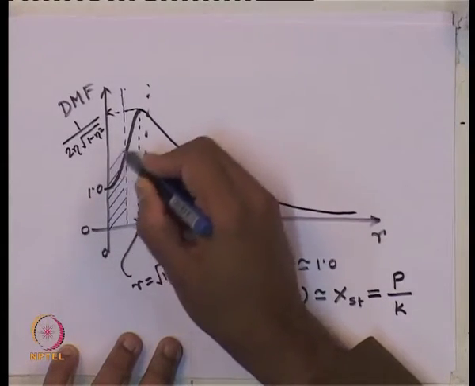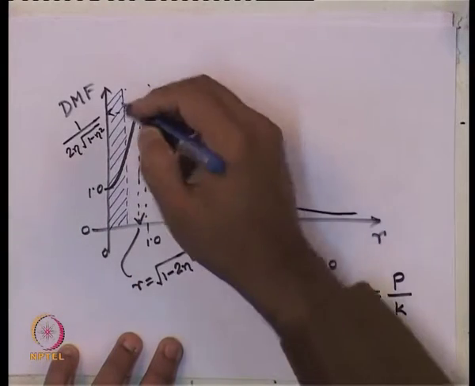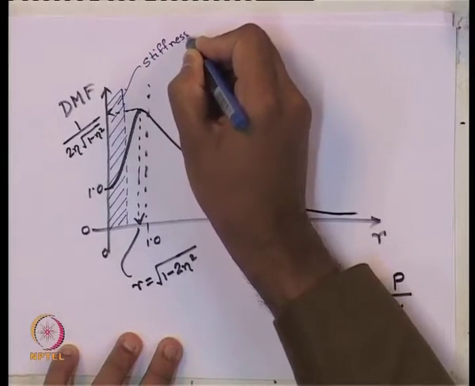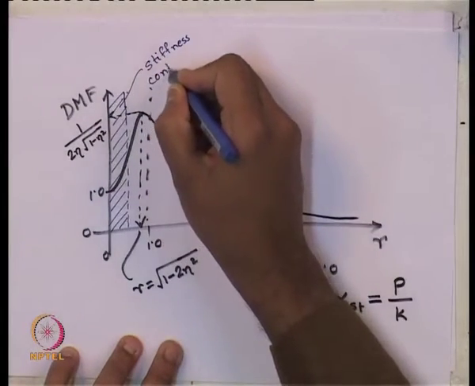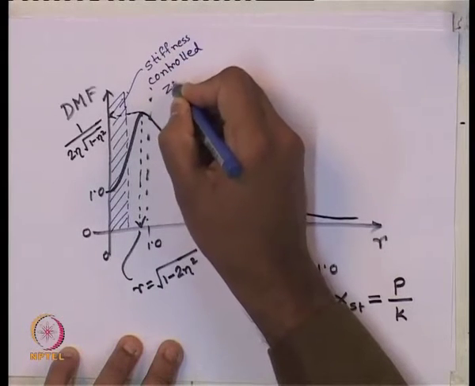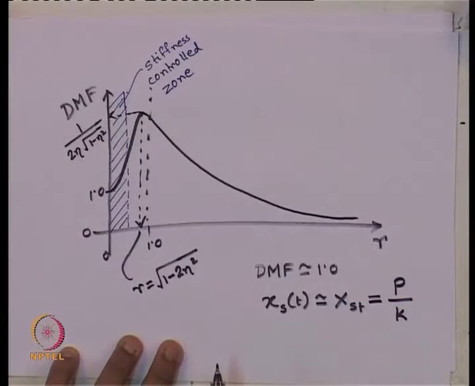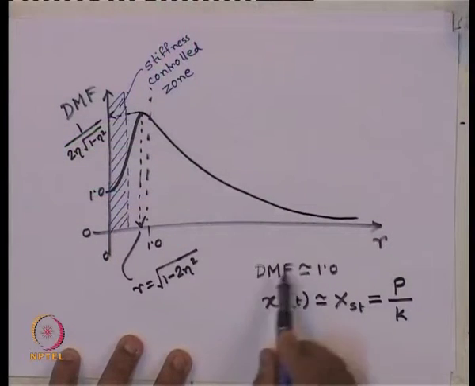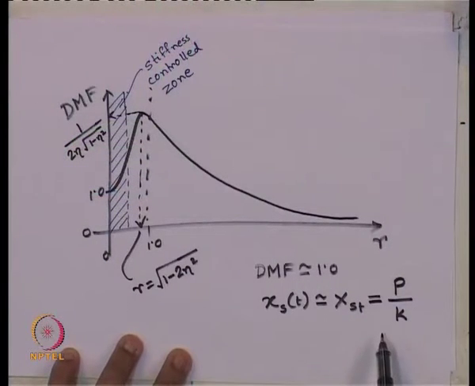This zone we can shade and say this is a stiffness controlled zone or stiffness dominated zone, because in this zone if you change the value of the stiffness of the system, you will have a direct effect on the DMF, because the DMF in this region is directly related to the stiffness parameter. Hence, it is called the stiffness controlled zone.